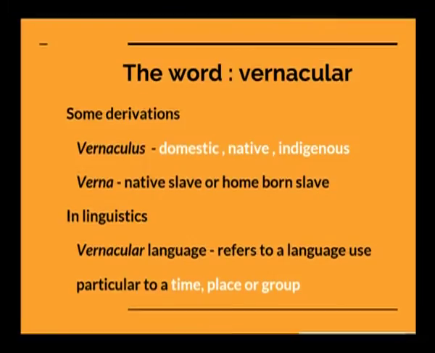I guess you could overlook the word slave and look at something to the effect of homemade or of homeborn needs. In the field study of linguistics or languages, a vernacular language refers to a language used particular to a time, place or a group.